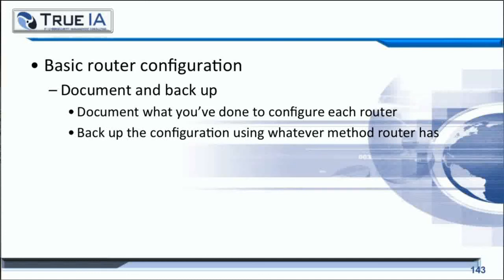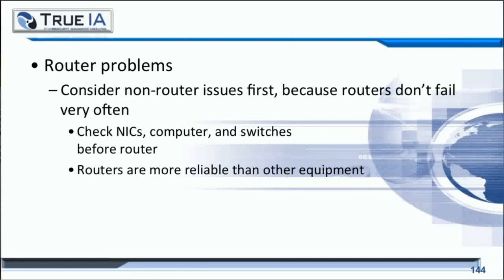And the last step, and probably the most important, is to document everything you've done and back up your configuration. This way, if anything happens, you can simply reload the backup without having to go through the entire setup process again.